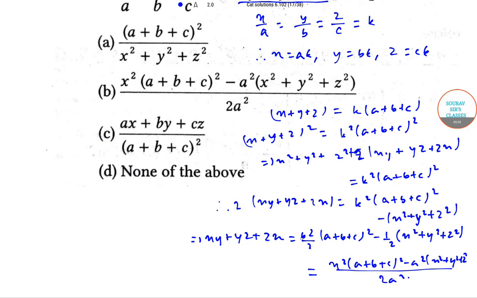Over here we replace the value of k squared by x squared by a squared. So the correct option is option B.